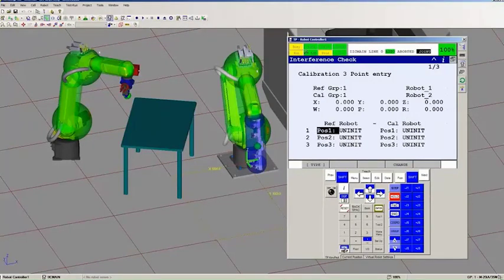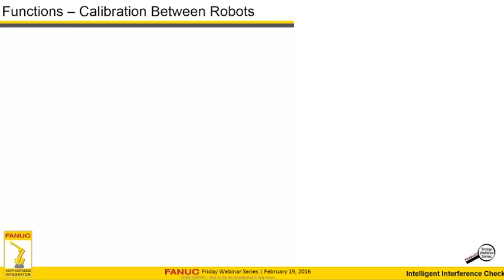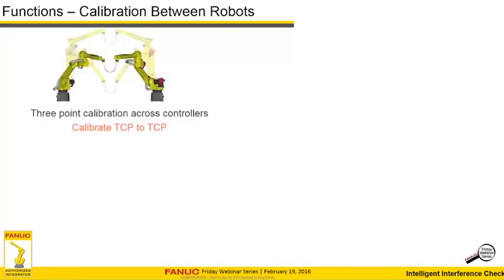Now in the next slide, I'm going to walk you through the methods for calibrating the robot. We have 3-point calibration across the controllers. You'll jog the robots to the point where their TCPs touch. You'll record calibration point on the reference robot and calibration point on the calibration robot.